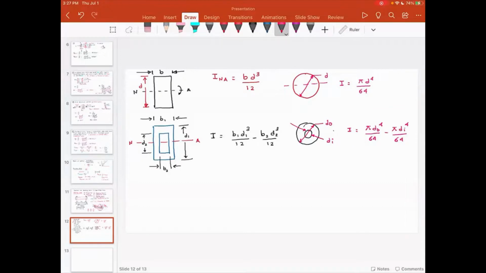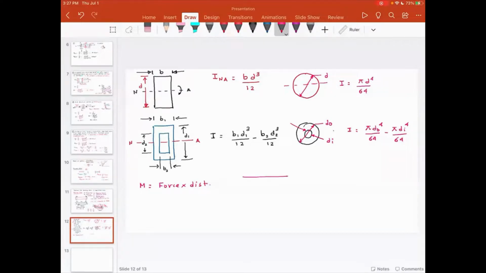Now the next question is, how do you find the moments? A moment is nothing but force multiplied by distance. Let me give you a very simple example.